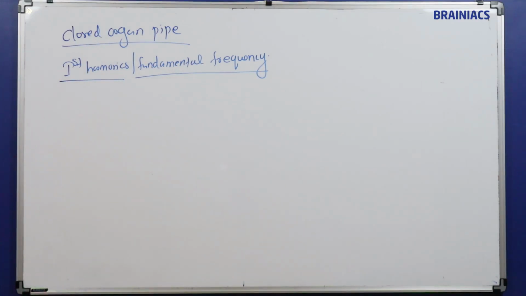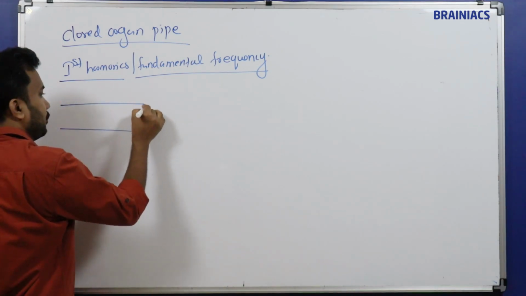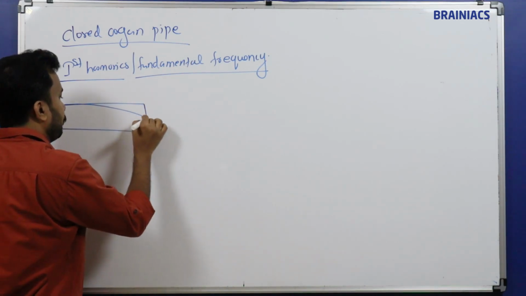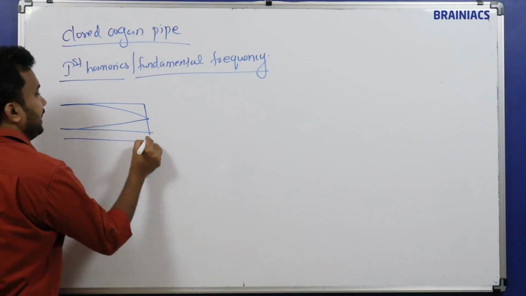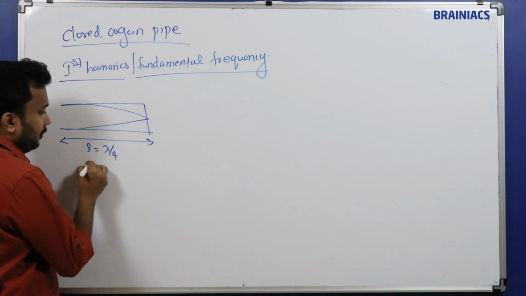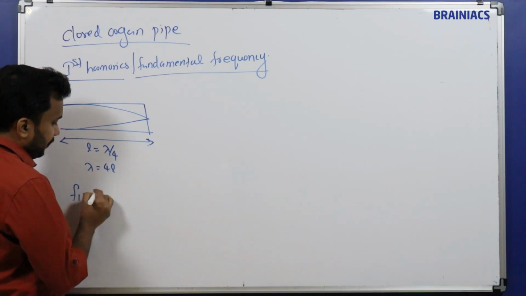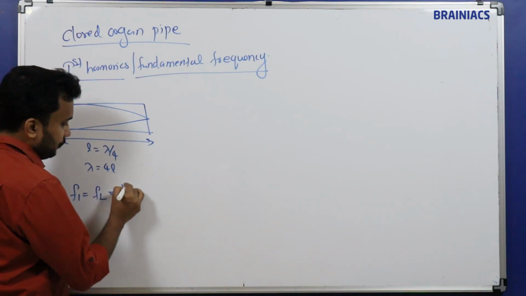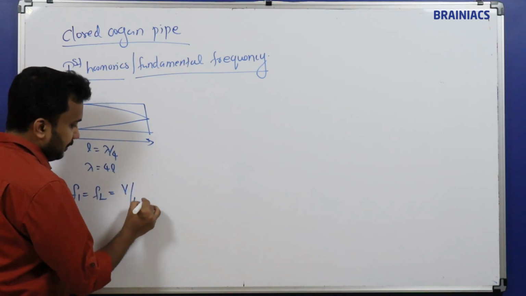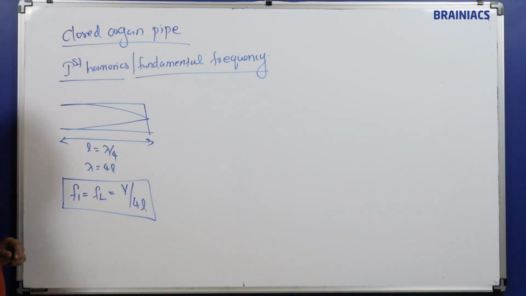In a closed organ pipe, one end is closed, so a node forms at the closed end. So the length L will be equal to lambda by 4, so lambda is equal to 4L. So the frequency F1, the fundamental frequency, is equal to V by lambda, which means V by 4L. So this is over.